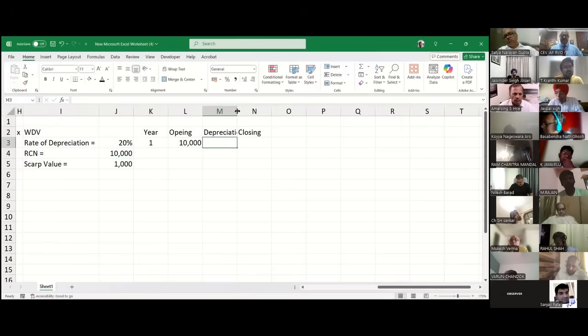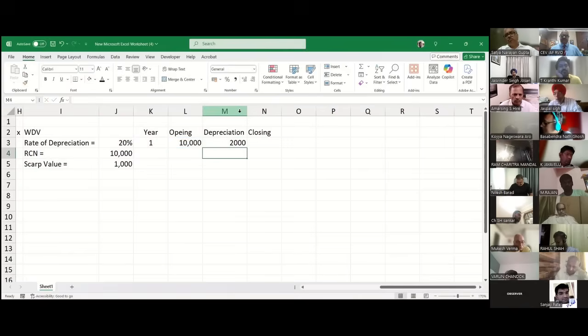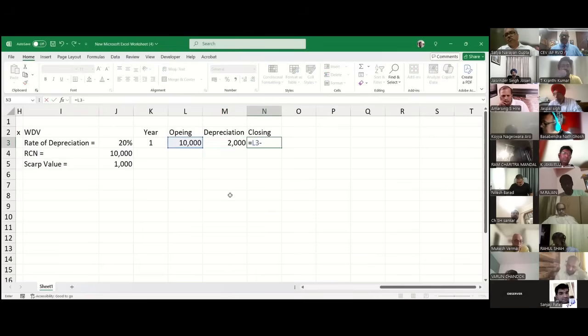First year depreciation will be 10,000 into 20%, which is the rate of depreciation. So 2,000 will be the depreciation for the first year. And closing for the first year will be your opening minus depreciation of the year.